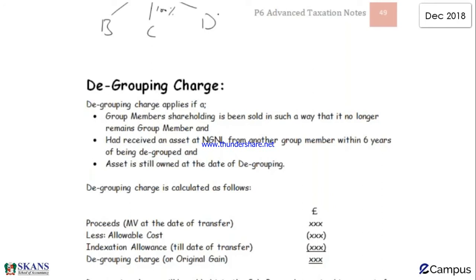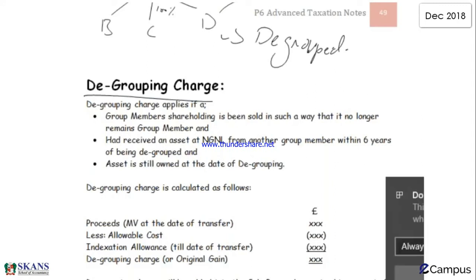And in the exam scenario, A Limited is selling all of its shareholding in D Limited. Whenever this happens, I think you are clear that D Limited would be degrouped. And whenever a company is getting degrouped, whether a degrouping charge is to be applied or not, it would be applied on A Limited. So how would we know whether the degrouping charge would apply or not in any particular scenario?